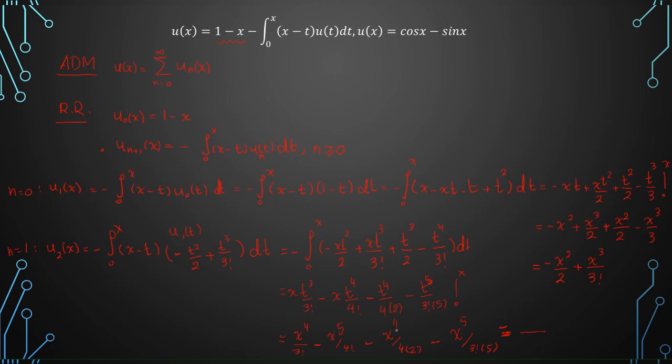we have here x raised to 4, 1 over 3 factorial and minus 1 over 4 multiplied by 2. So we want them to have the same denominator, so we can subtract.